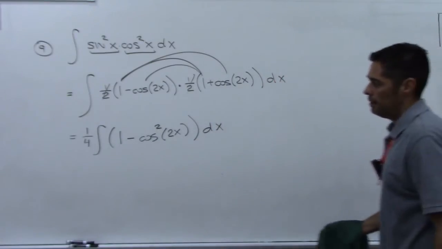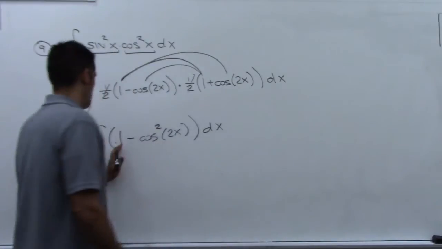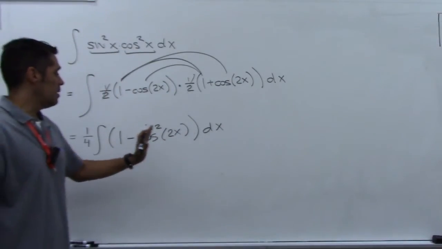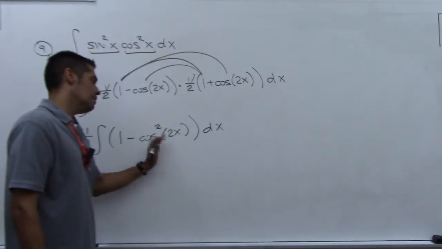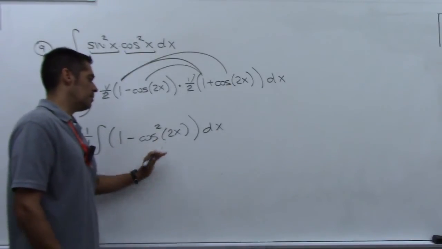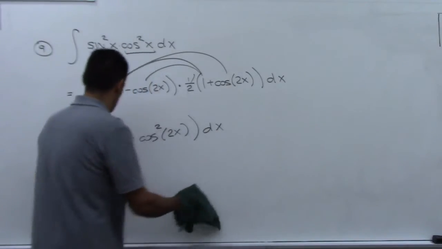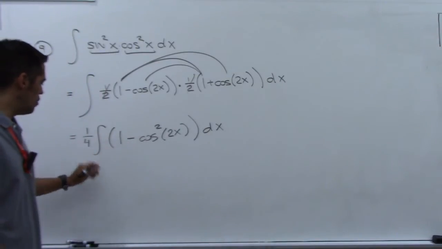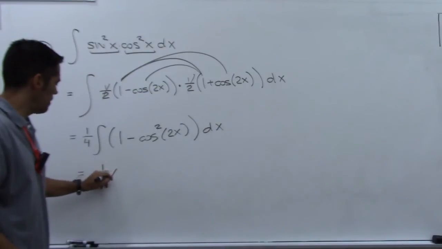All right, can you find the antiderivative of 1? Yes, with respect to x, the antiderivative would be x. Can we find the antiderivative of this? Yes, but we'll have to use the power reducing formula again. So let me try this. Antiderivative of 1 is x, but I had a 1/4, so 1/4 x.